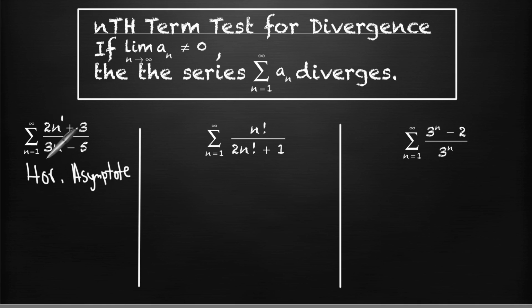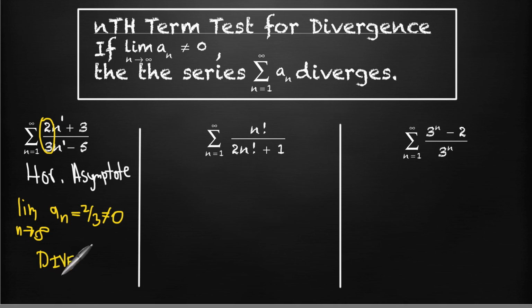Well, that's n to the first, and that is n to the first. So therefore, you are going to use the coefficients, 2/3. And so the limit as n approaches infinity of a sub n is going to equal 2/3, which is not equal to 0. Therefore, this series diverges.